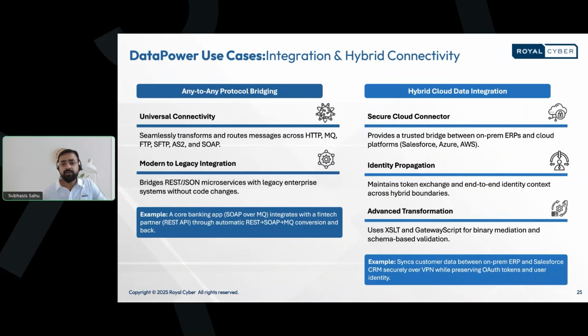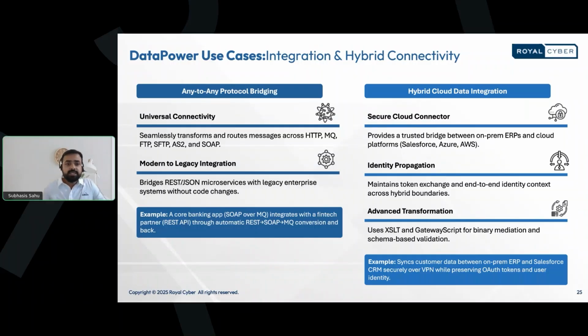Coming to hybrid cloud data integration, DataPower is a secure cloud connector, providing a trusted bridge between your on-prem systems, be it your ERP, and cloud applications. It maintains identity propagation, ensuring user identity and token context is preserved from end to end. This helps, again, in zero trust architecture.